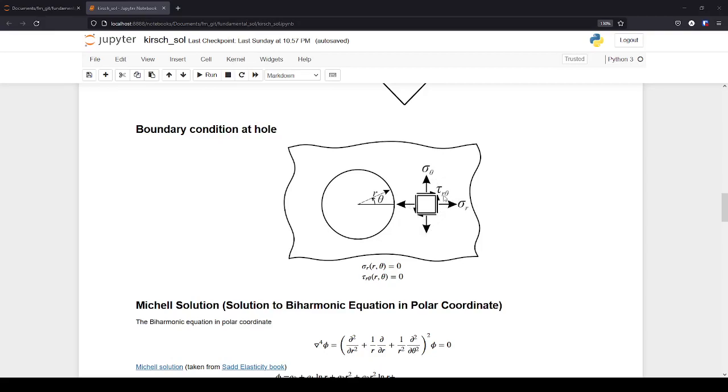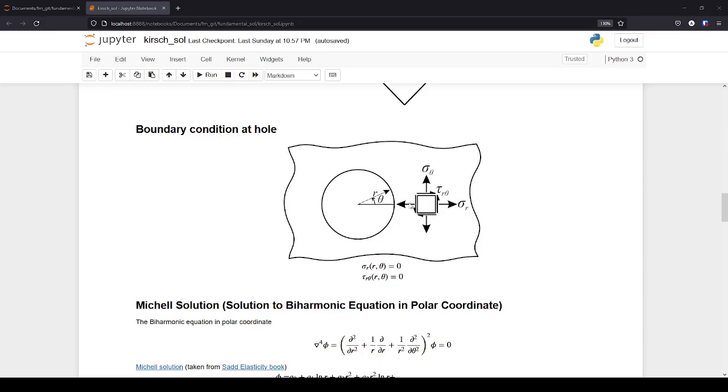For tau r theta, we know that theta increases in this direction, so we put this arrow in the positive direction, the increasing direction of theta. And here we have this arrow, which is the direction of increasing r. And we have the opposite direction on this other side of the element.